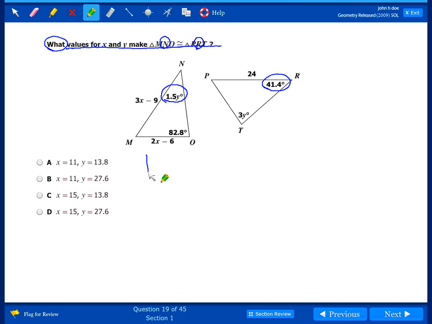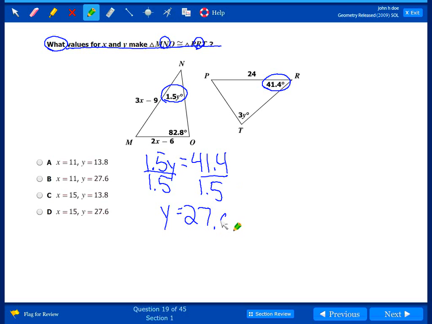So we do 1.5y is equal to 41.4. So to solve for y, we just divide by 1.5. And we get y is equal to 27.6.